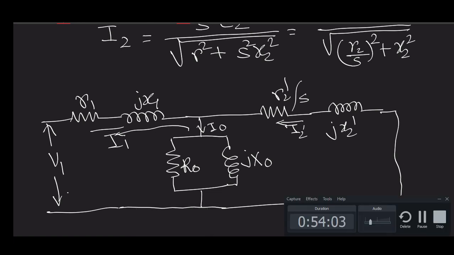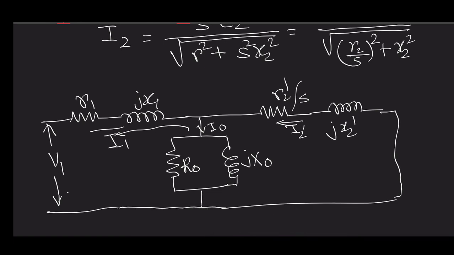If you follow Chapman, a popular book also, he gives the argument that this branch, unlike the transformer, cannot be shifted here, because the no load current for an induction machine is large. If you consider percentage wise the no load current of a transformer with its full load current, and the no load current of an induction motor with its full load current, you will find that the no load current of an induction motor is at least 20 to 30% of its full load value.